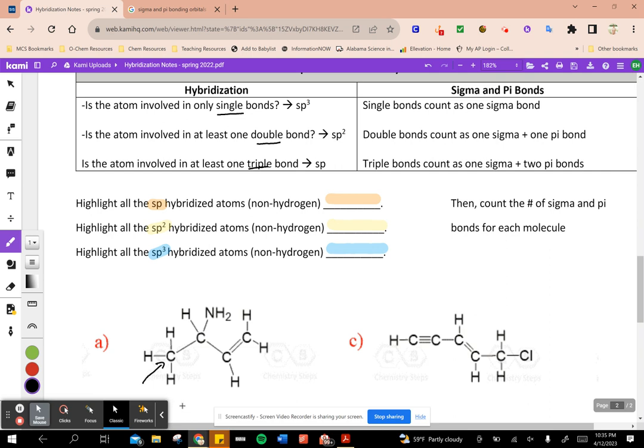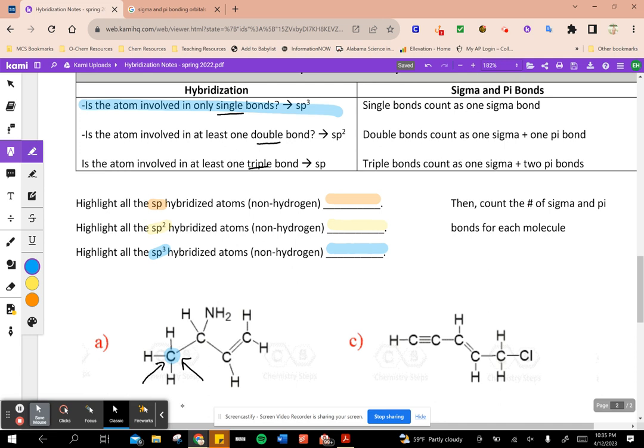If we focus on this carbon here on the left, I'm going to start asking myself, well, what type of bonds is it involved in? This carbon is only involved in single bonds, so that's going to make it sp3. And so I'm going to go ahead and highlight that one blue there.